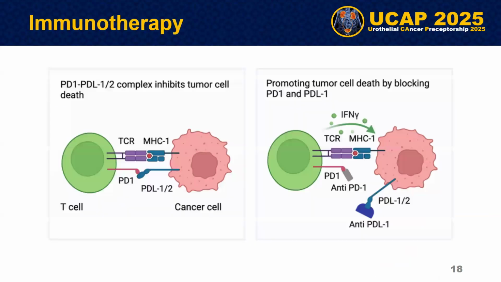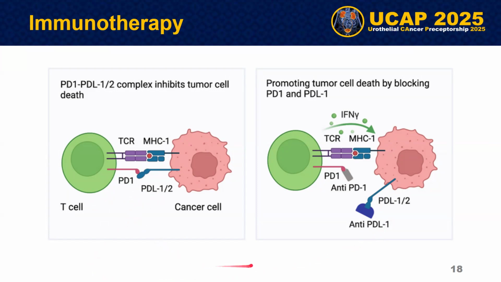And I think this is a good photo to illustrate escaping immune mechanisms and also how we reverse that. So on your left here, you can see the cancer cells actually express PD-L1 and our T cells have PD-1. So this actually allows the cancer cells to disguise themselves as friend and avoid cell kill by T cells.